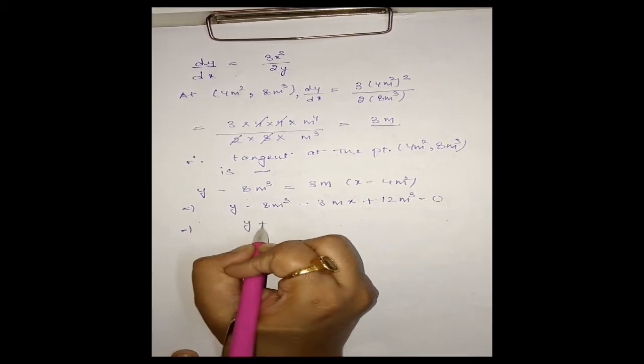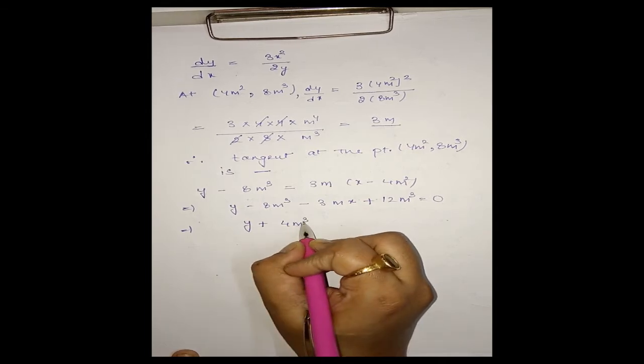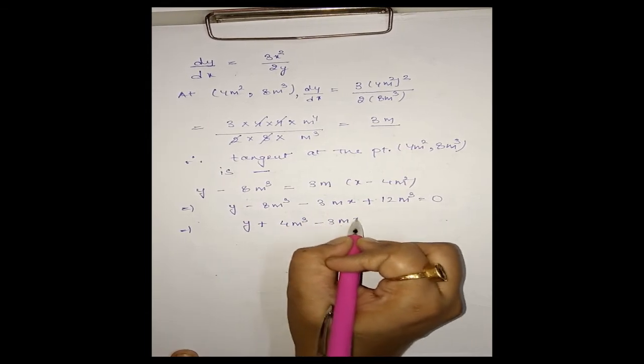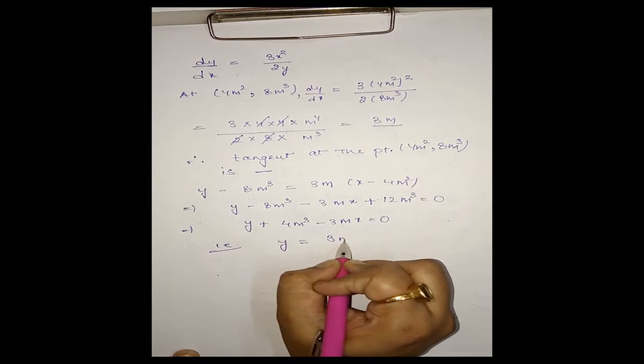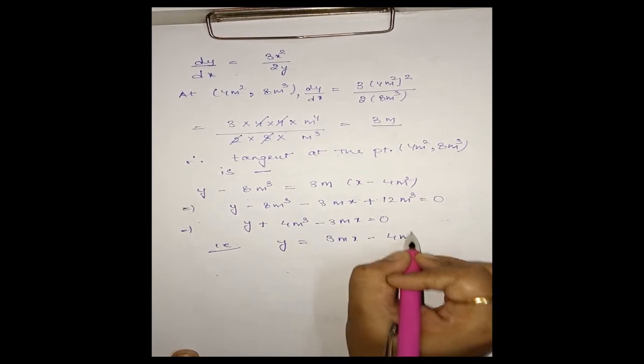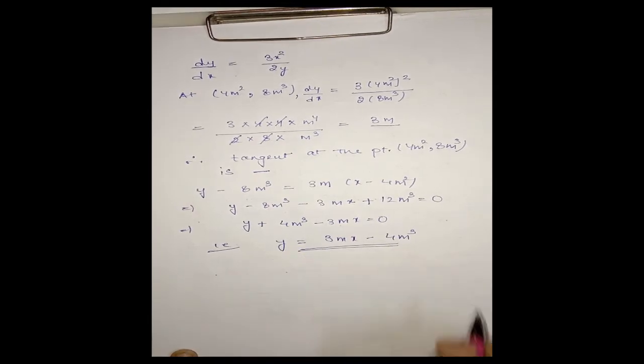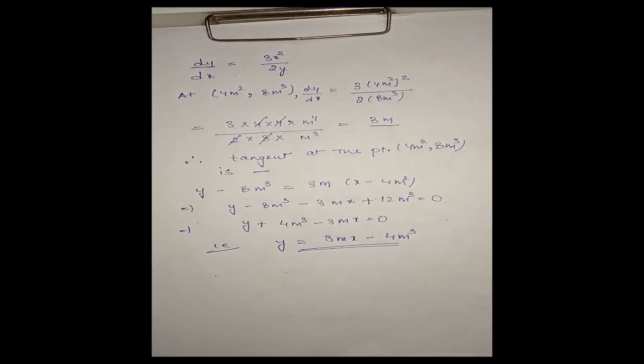That is y + 4m³ − 3mx = 0, that is y = 3mx − 4m³. Hence proved. The first part of the question is proved.